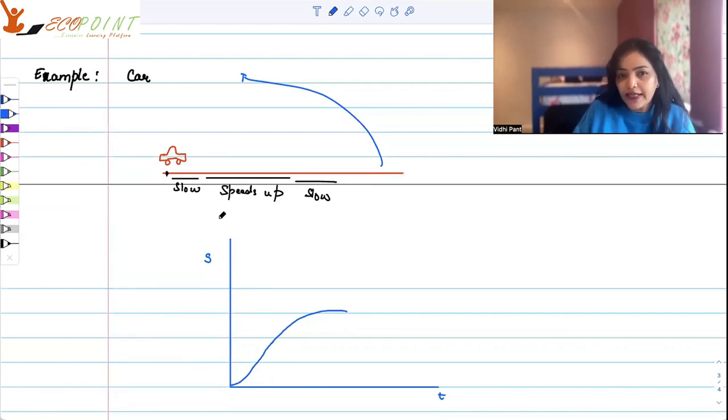So suppose this S is basically the horizontal line that we had here, which is telling about the car's position at different moments. So suppose this is the car's position and this is the time when the car is moving. So the car is moving something like this.